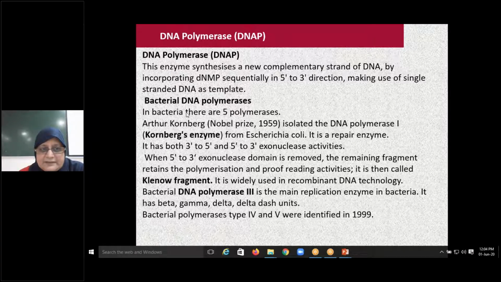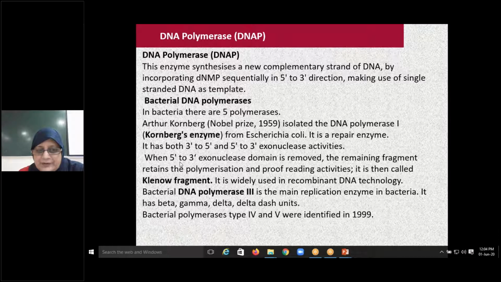Bacterial DNA polymerases: in bacteria there are 5 polymerases, and DNA polymerase 1 was isolated first by the scientist Arthur Kornberg, which is why it's also known as the Kornberg enzyme. It was isolated from E. coli, and the function of DNA polymerase 1 is that it is a repair enzyme. It has both 3' to 5' and 5' to 3' exonuclease activities.